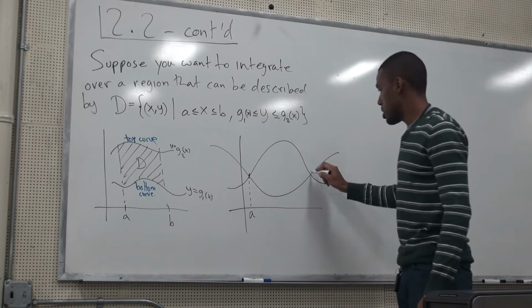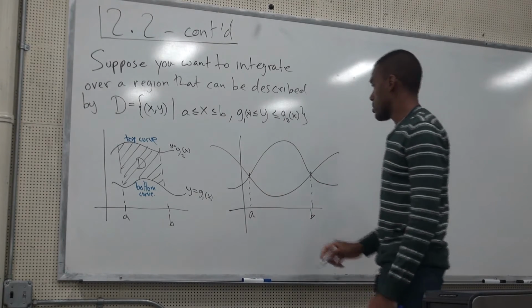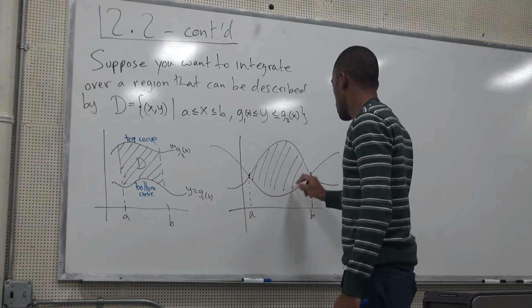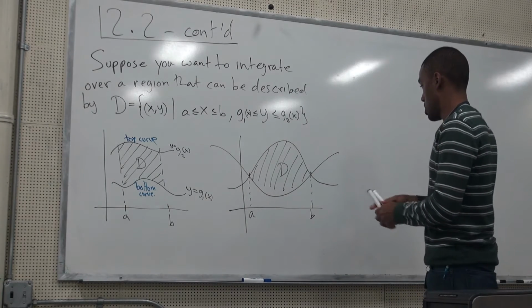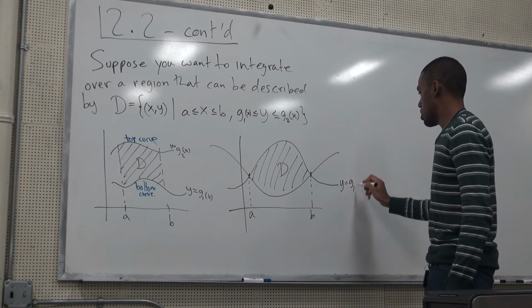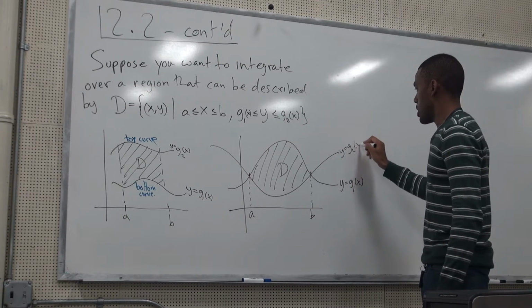That will be the a. The intersection here, that will be the b. This can be my region D. This will be g1 of x. This will be g2 of x.